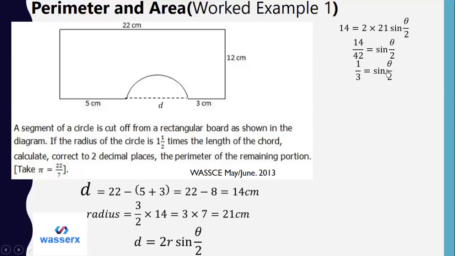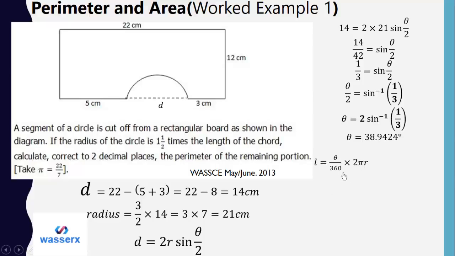Now we make theta the subject by taking sine inverse of both sides. Then theta is going to be 2 times this, and this will evaluate to 38.9424 degrees. Then we can use the length of the arc formula now, which is theta over 360 times 2 pi r.